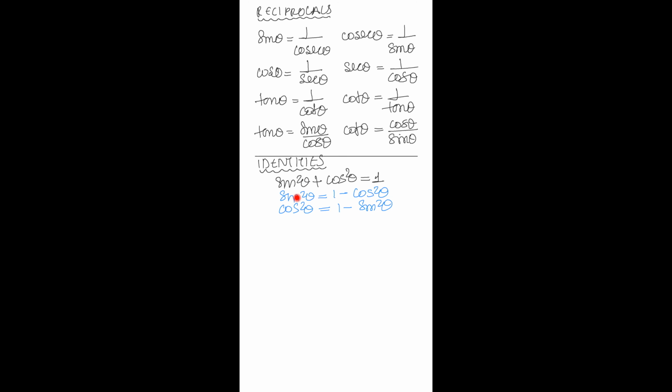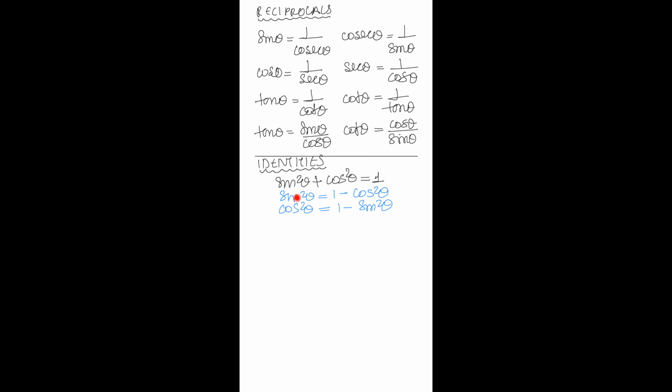In the next step, you will replace sine square theta by 1 minus cos square theta. So that unwanted sine square theta goes away and your requirement of cos square theta comes into the picture. So to swap sin square to cos square and cos square to sin square, these two derived forms come in handy. I hope you understood what I'm trying to tell you.